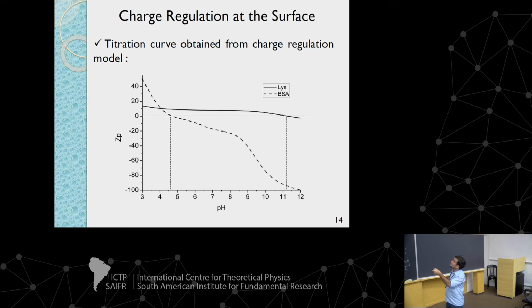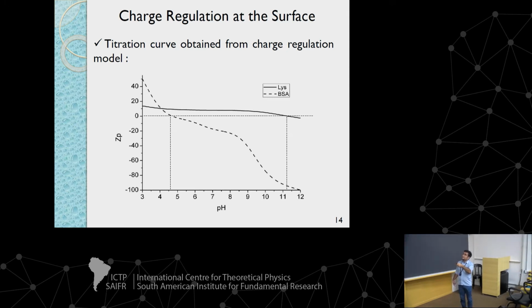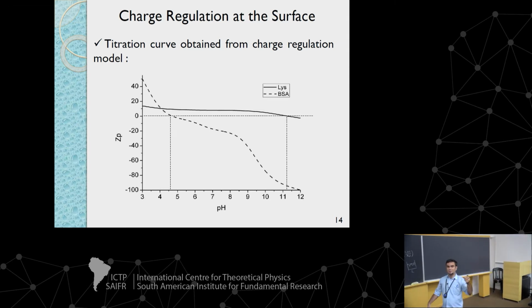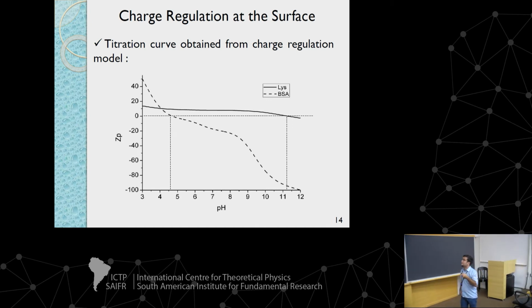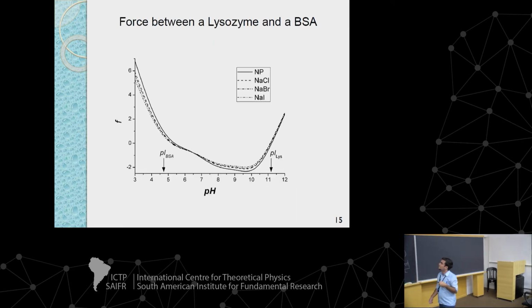So in these calculations, we have an isoelectric point of 11.2 for lysozyme, and another isoelectric point for BSA of around 4.6, okay? What is the isoelectric point? I think you know that, but it's the point where we have potential equal to 0 at the surface of the protein. The net charge is equal to 0.